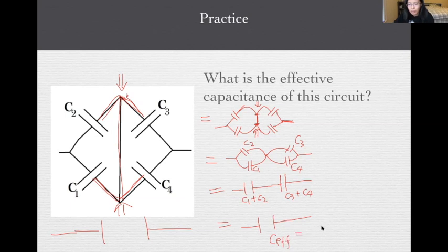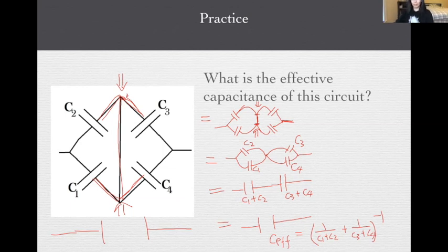And this effective capacitance would be, 1 over that effective capacitance would be 1 over C1 plus C2, plus 1 over C3 plus C4. Okay. So that's it.